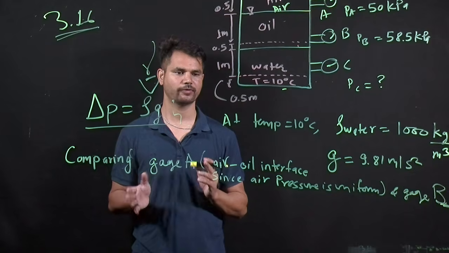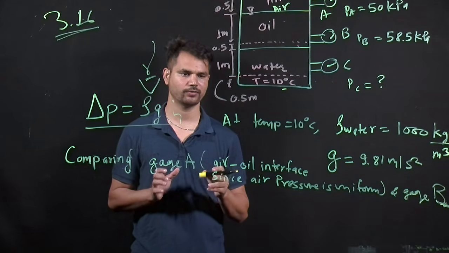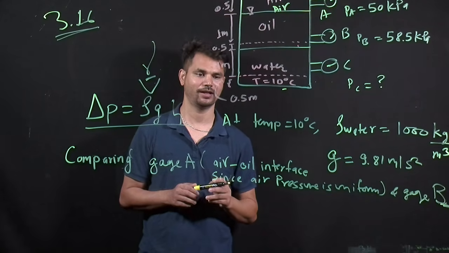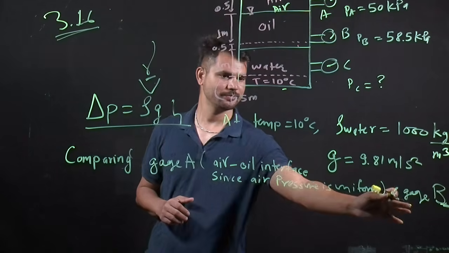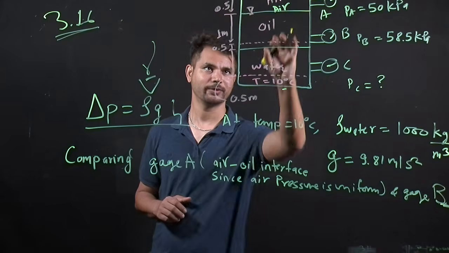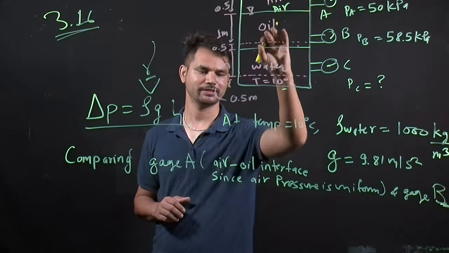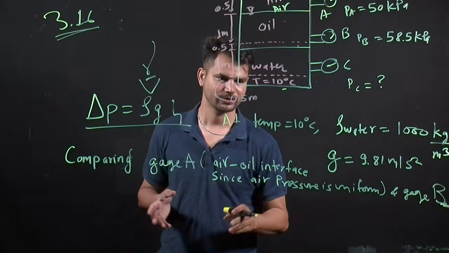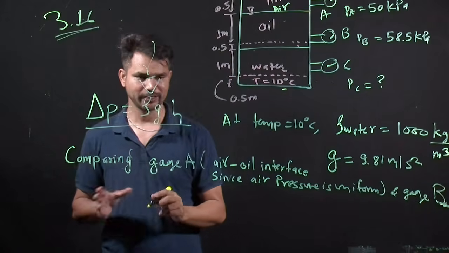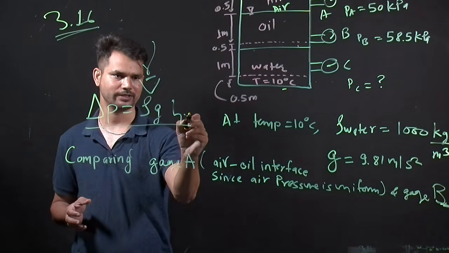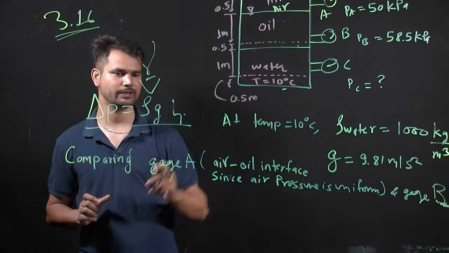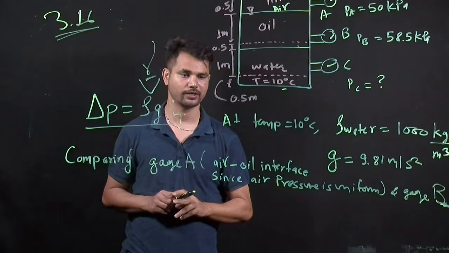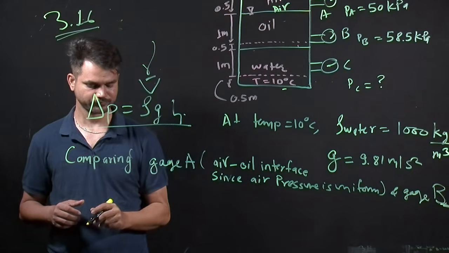So for finding the specific weight of oil, we will compare gauge A and gauge B because we are in the air and oil interface, and air pressure is also uniform. So let me write this equation for point A and point B, the air and oil interface.